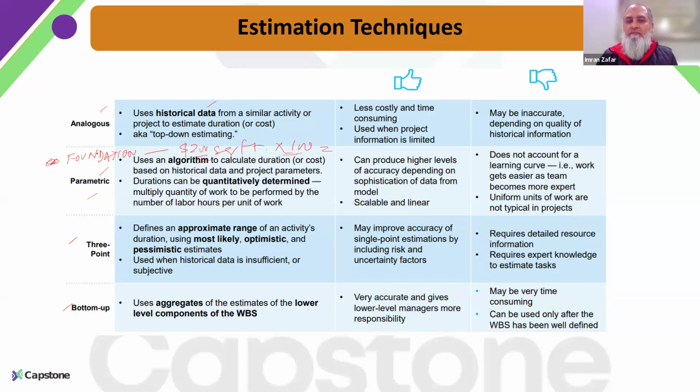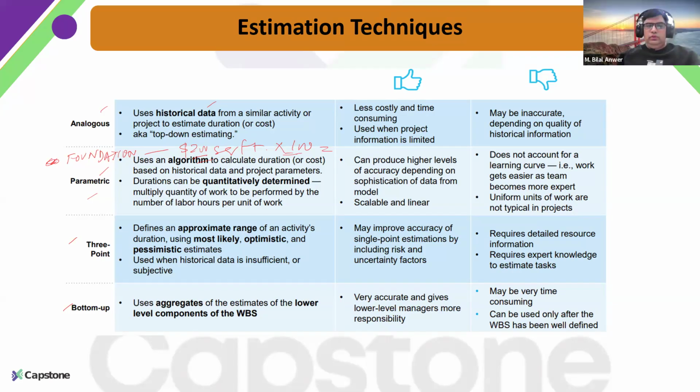It could be, let's say, you do some market research, or you are utilizing some historical data, that for this particular area, the last time it required this much time. So let's say my area is now this, so let's multiply it, and we will utilize this parametric estimation to develop a schedule this time as well.